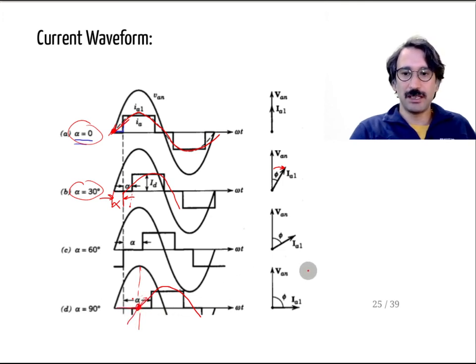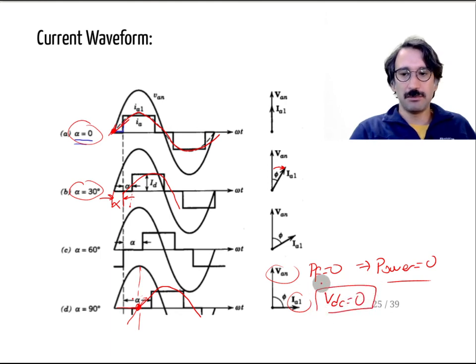So that implies power factor is 0, or in other words, power is equal to 0. So you have current and voltage, but it is purely reactive power. You can prove it because VDC is equal to 0 also. There is no net power flow.